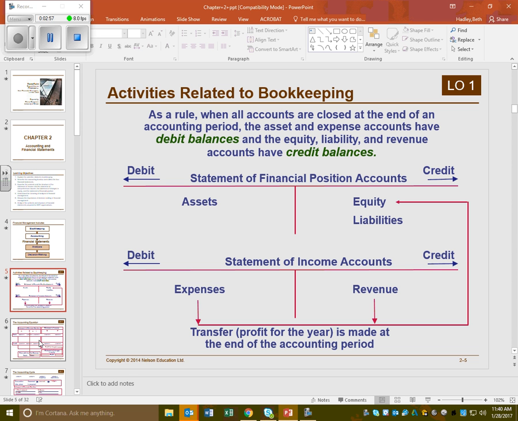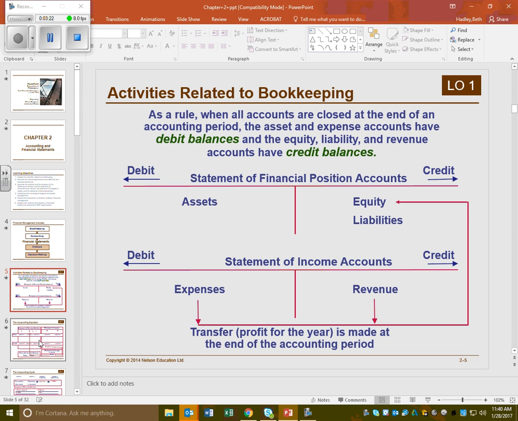For example, the statement of financial position that you can see on your screen right now includes your assets, whether it's current assets or long-term assets, also referred to as non-current assets. And then on the right-hand side is your liabilities, current and non-current liabilities, as well as the owner's equity.